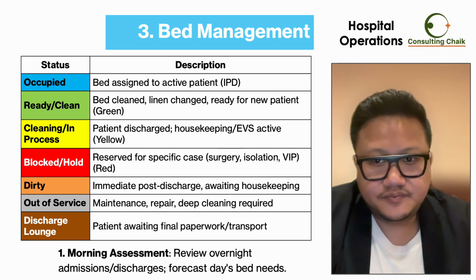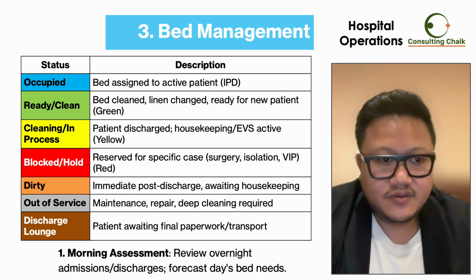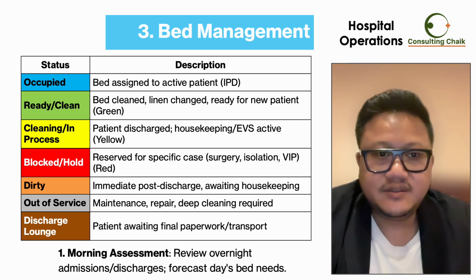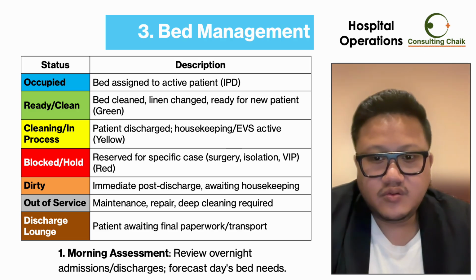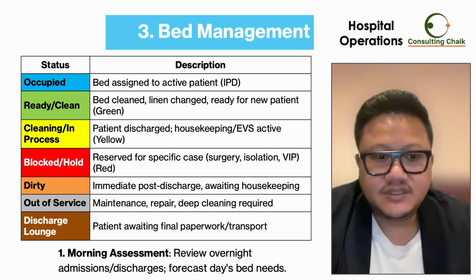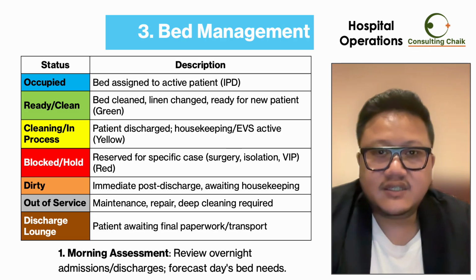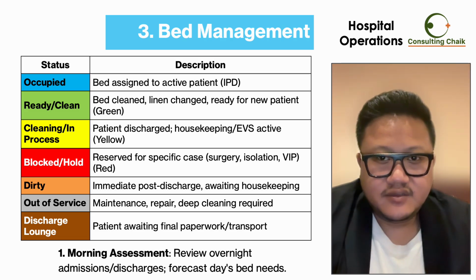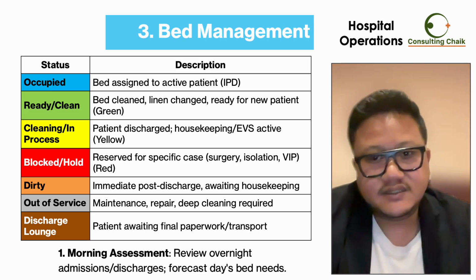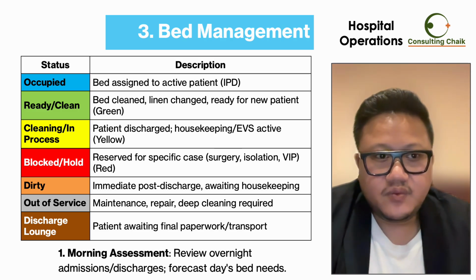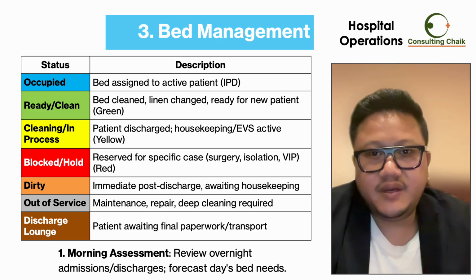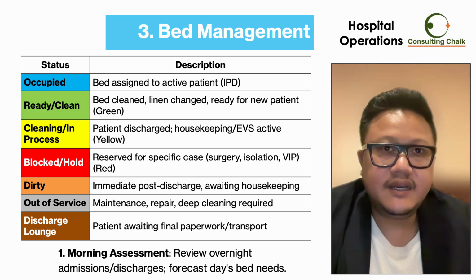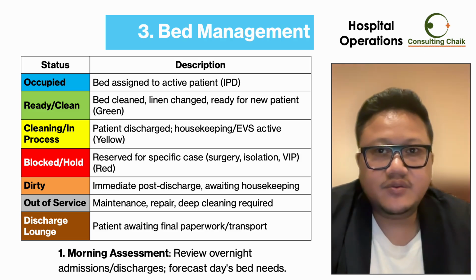Operationally, first, to manage the beds, you should have a morning assessment where you review the overnight admissions and discharges, and you forecast the day's bed needs. One very important thing, you should have an occupancy for profitability. To break even, generally it takes around 55 to 65%.